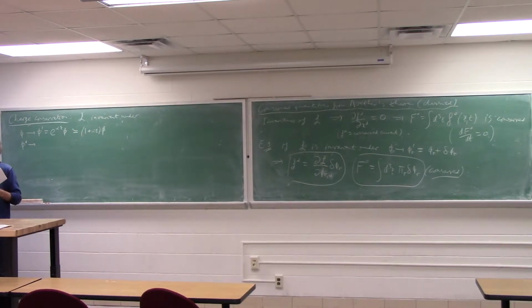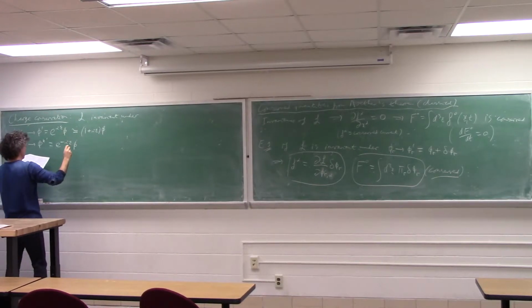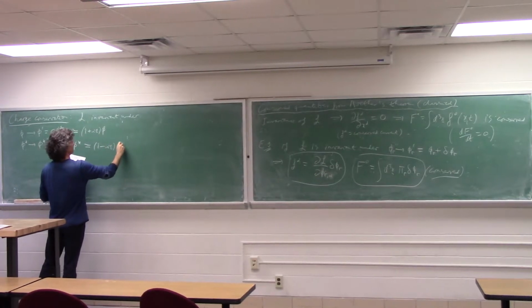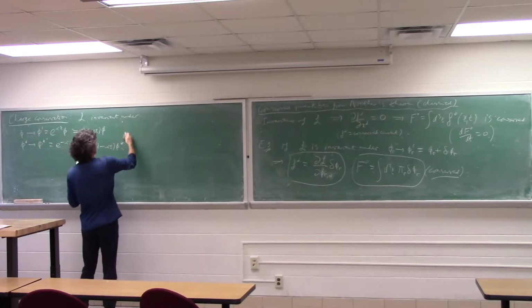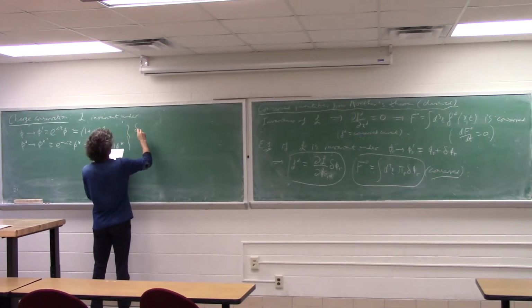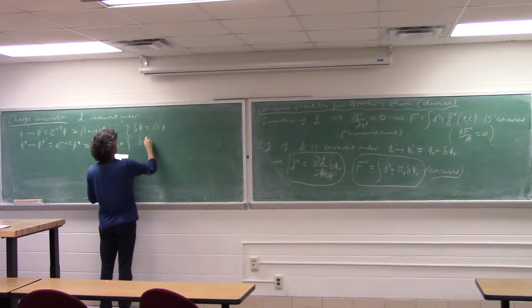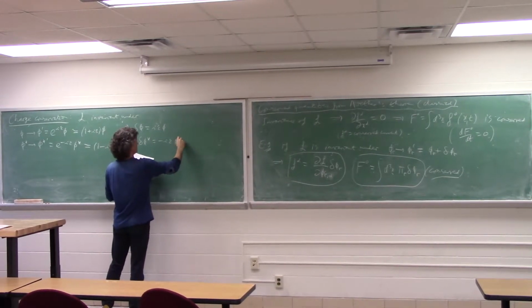If you like, you can think in terms of the real and imaginary parts of two independent real fields. Doesn't really matter which way you look at it. So for small epsilon, I have these transformations. What this means is that the change in the field phi is i epsilon phi, and the change in phi star is minus i epsilon phi star.